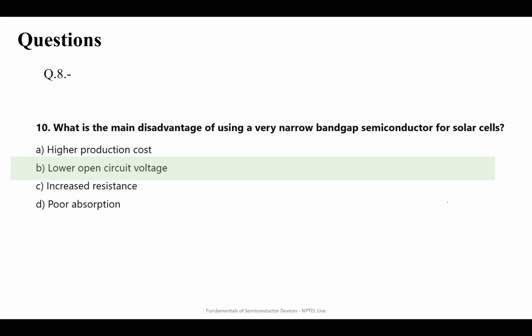Sir, if the maximum current flows, then the open circuit voltage will be minimum. No, you can have both high. You want both of them to be good. Yes, sir. But if the band gap is very low, there will be huge current flow through the device. What is the problem in that? Sir, I think open circuit voltage will be lower. No, but how is that affecting my voltage if my current is high?